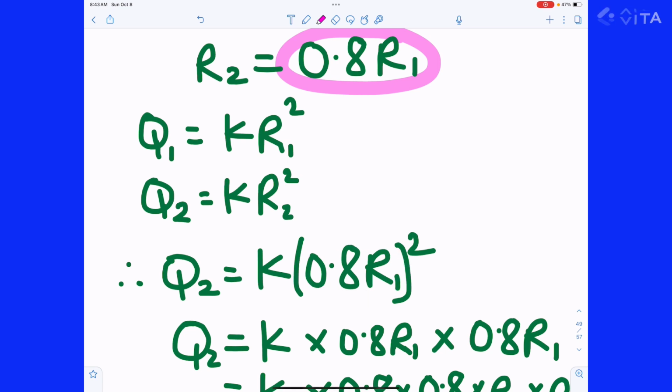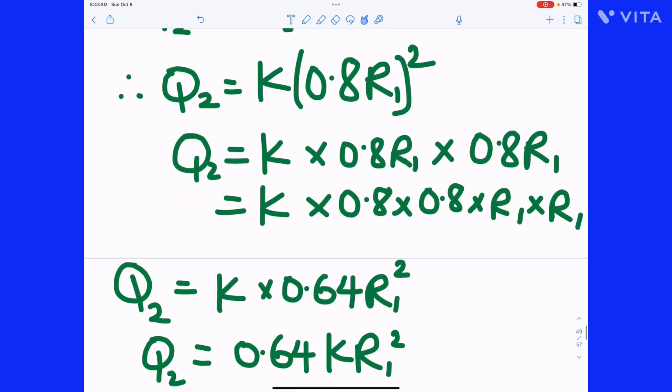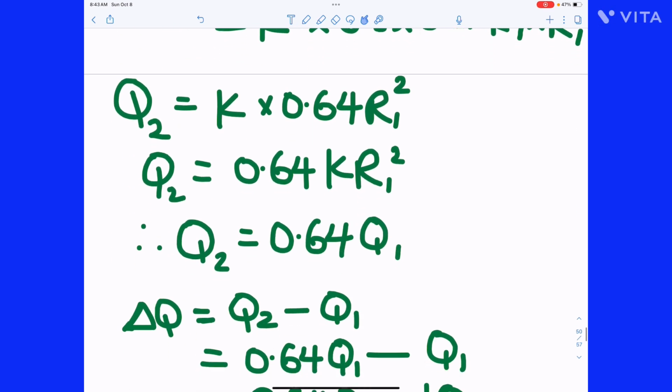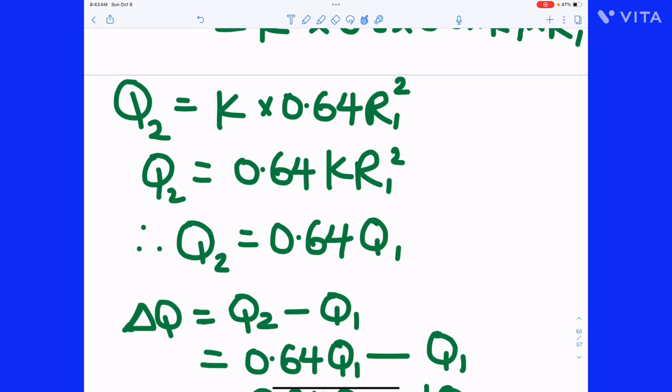That will give us Q2 is K times 0.8 R1 times 0.8 R1. 0.8 times 0.8 will give us 0.64. R1 times R1 is R1 squared. So Q2 is 0.64 times K R1 squared.